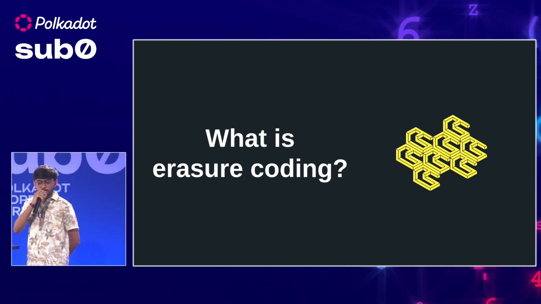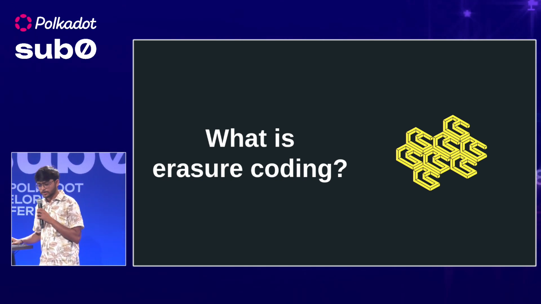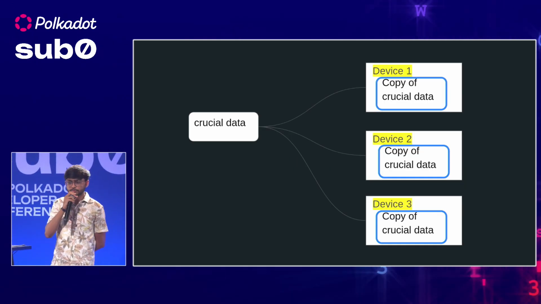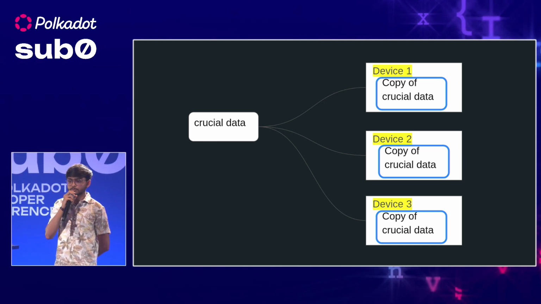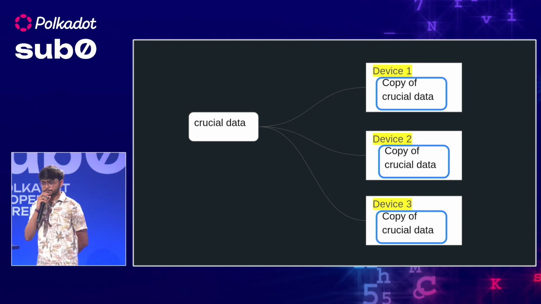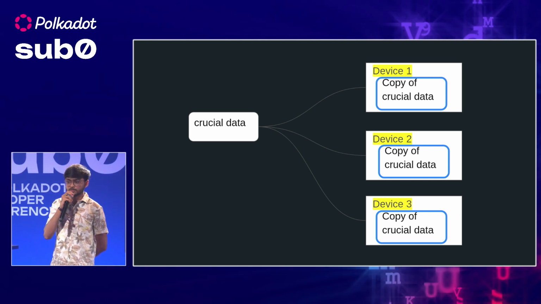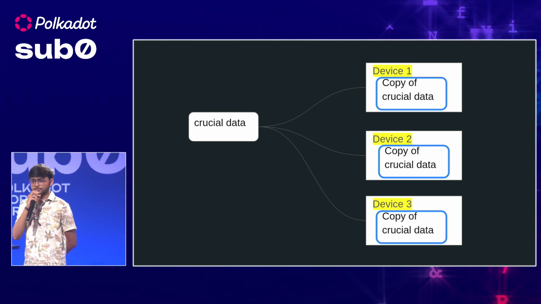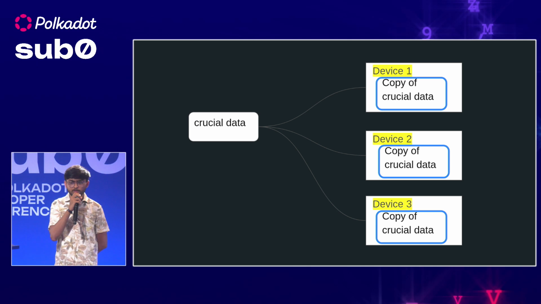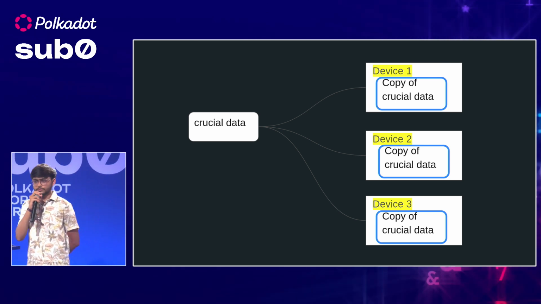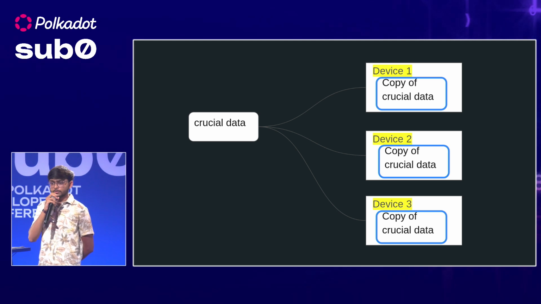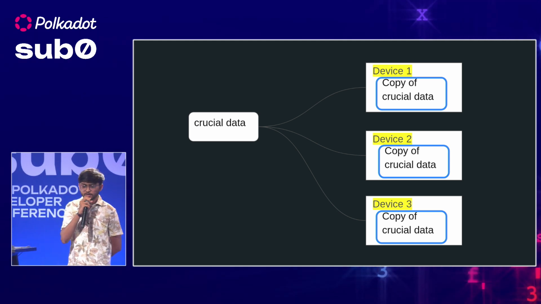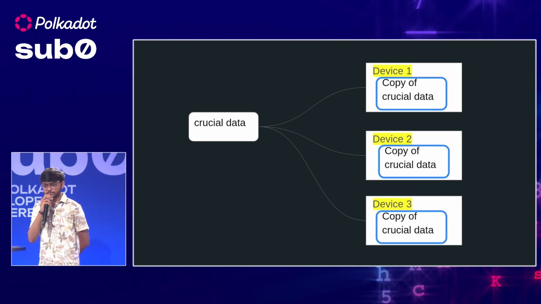So let's find out what Erasure Coding is. Suppose you have crucial data that you absolutely cannot lose. One way is to make identical copies of your crucial data and store them across various devices and different locations.